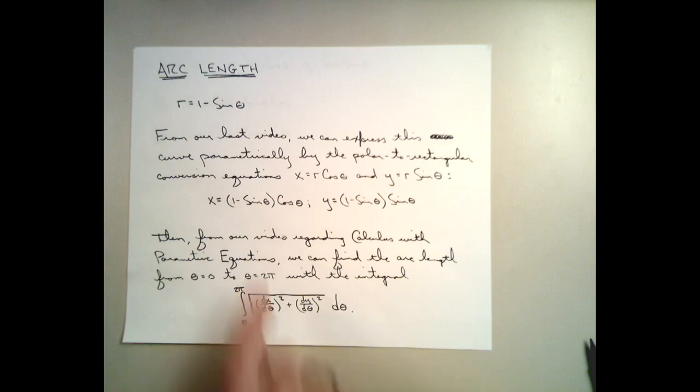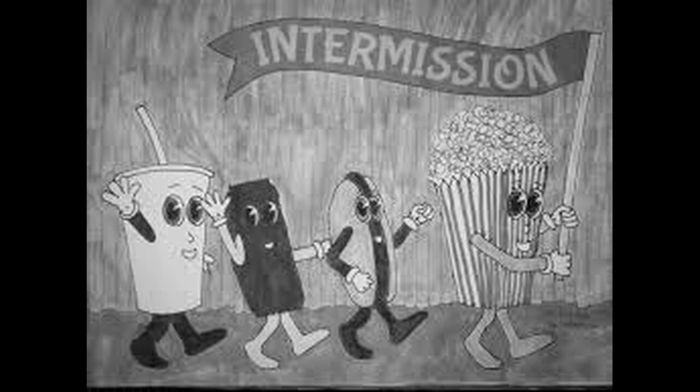Go ahead and take these derivatives and square them and add them together and try to simplify and see if you can find the integral of the function that results. It will really test your mathematical skills, but I think it's a nice exercise.